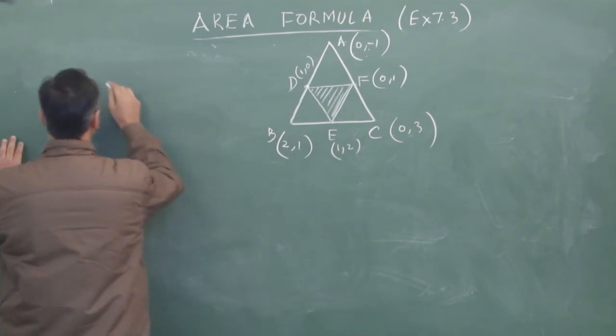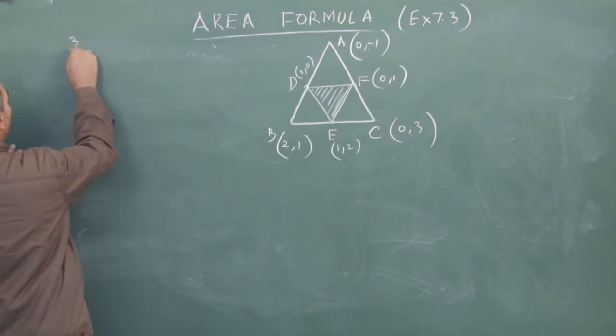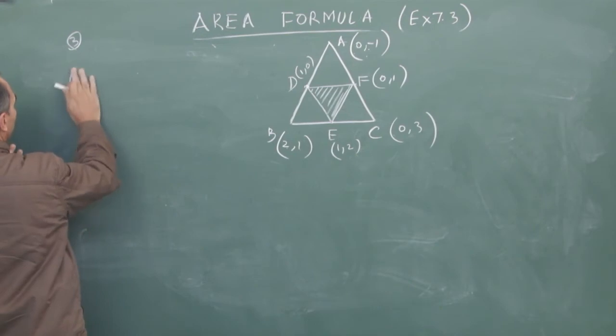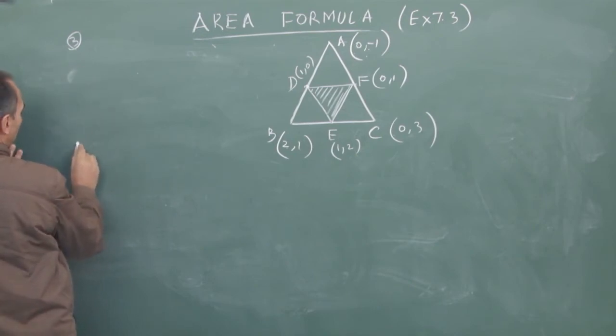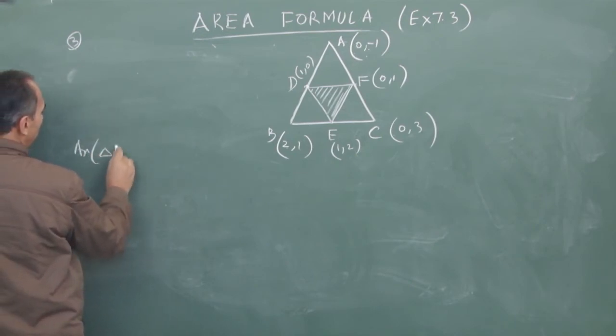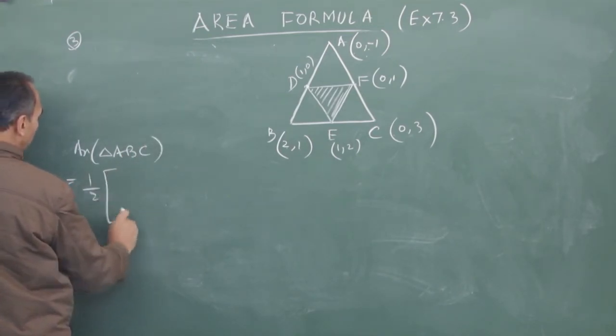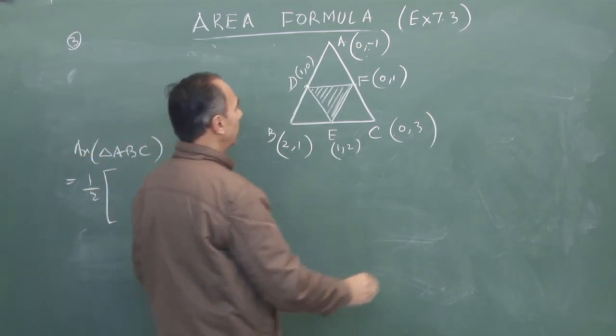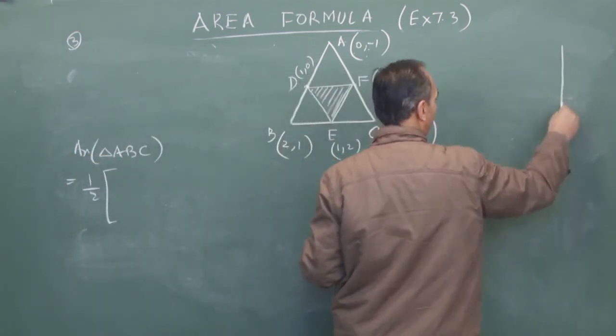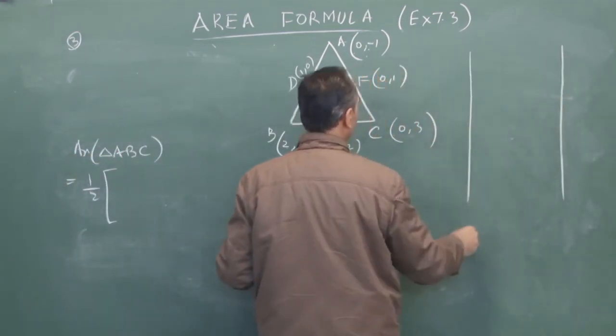Okay. So we'll work out question number 3. Area of triangle ABC. What is that? That's 1/2. So for that, let's list the coordinates of ABC.